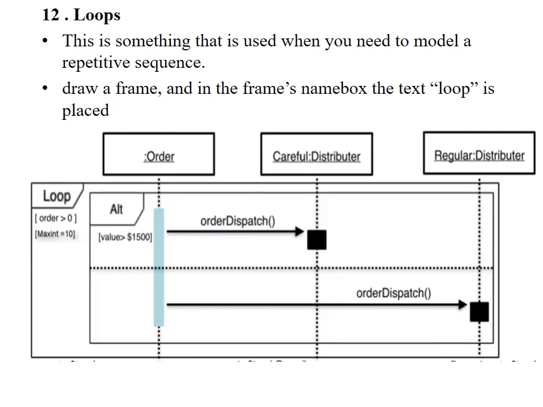We give the looping condition. If order is greater than 0, this set of statements will be executed. How long will this set of statements be executed? That is represented in the frame itself. If you look at the syntax, you can see maxint equals 10. It means that this set of operations will be executed a maximum of 10 times.